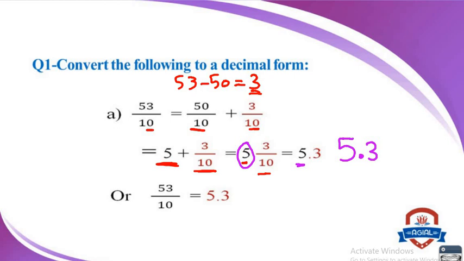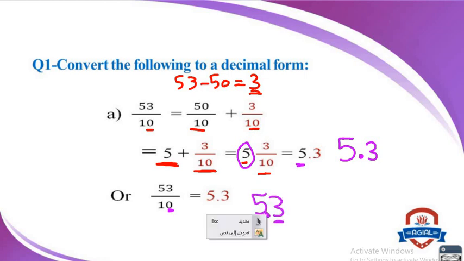Okay, 53 over 10, I write 53. I said it's 10, so I have to put the decimal point after just one digit from the right. For example, I start from here, 3, so I write a point here.